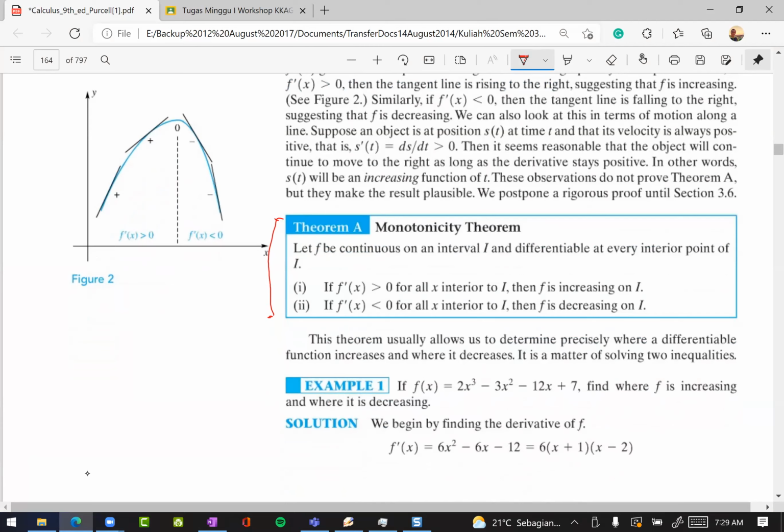We would like not only to find increasing or decreasing, but also its max and min.